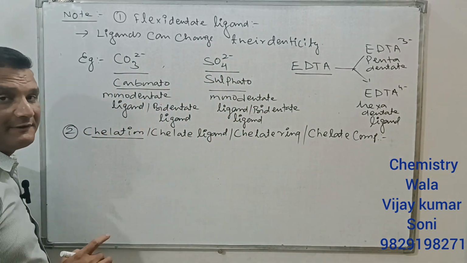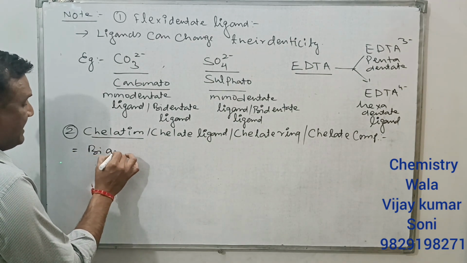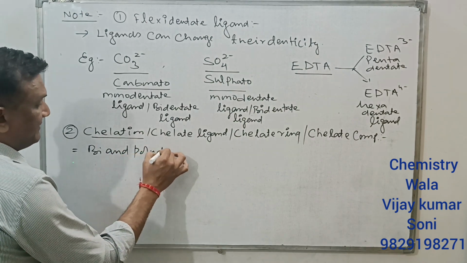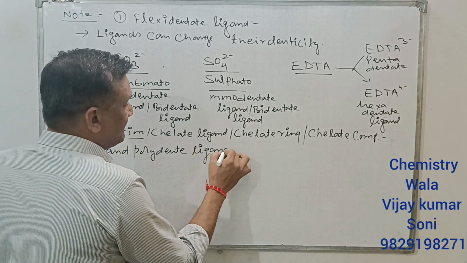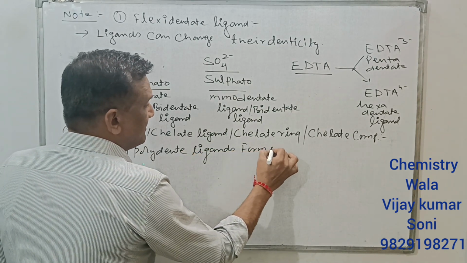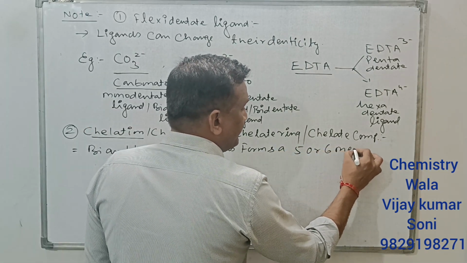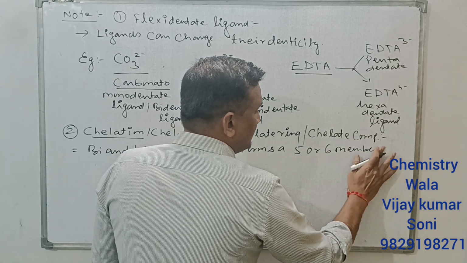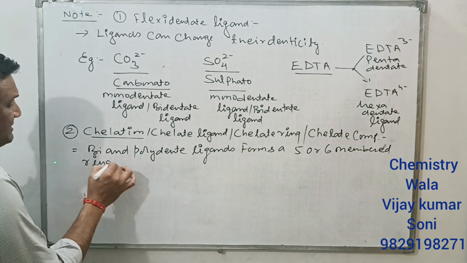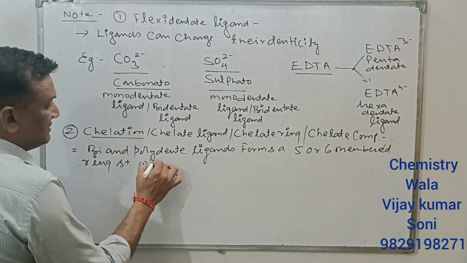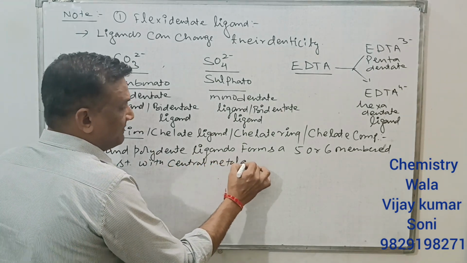If we go with the chelate ring first, then we can say bidentate and polydentate ligands form a 5 or 6 membered ring structure with the central metal atom.